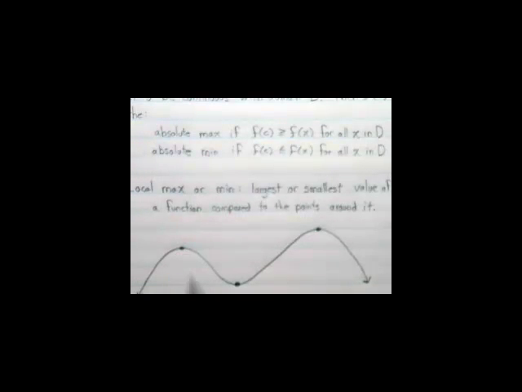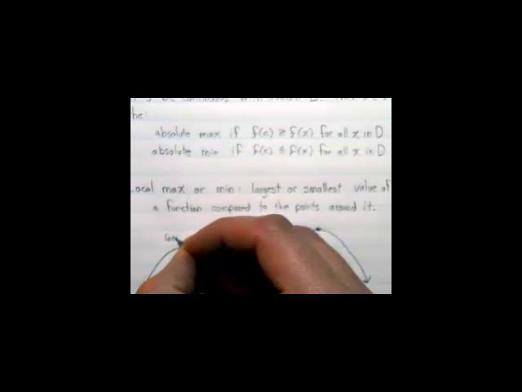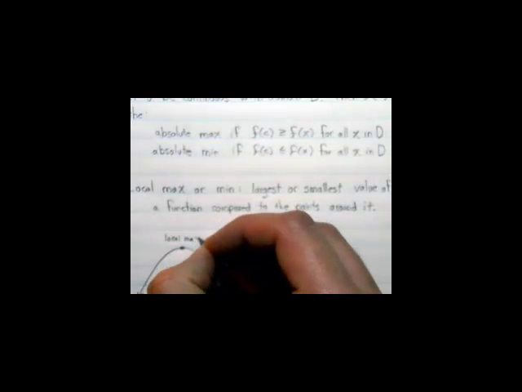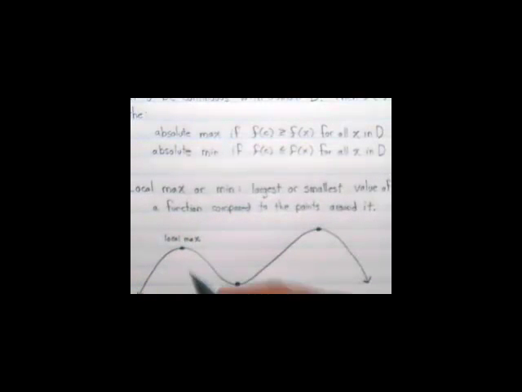So this first one right here, is it local or is it absolute? That's definitely just a local max. And then this point right here, is it a local minimum or an absolute minimum? Be careful. It's just local.